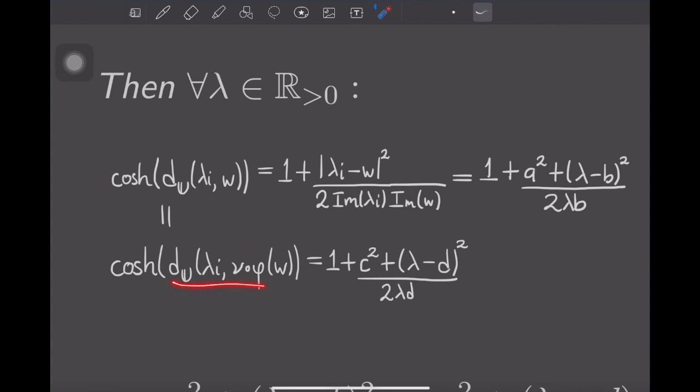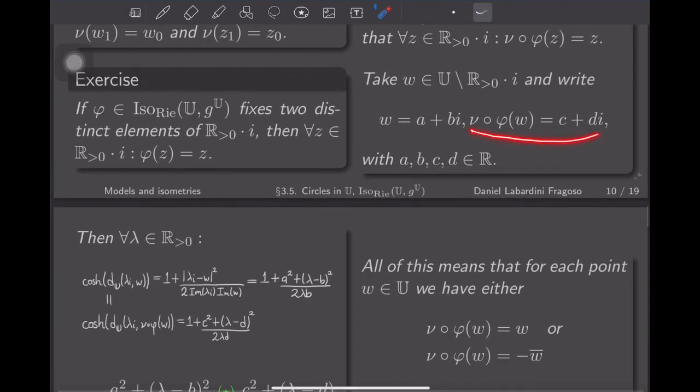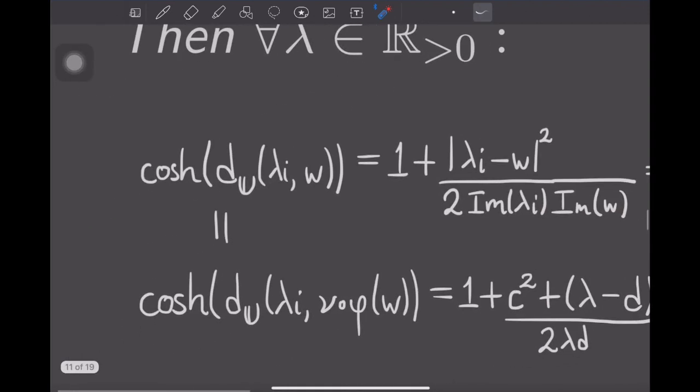And now this one I can also compute using how I wrote the image of W. It's completely analogous to how I computed this one in terms of W, and I get this. Just again, why is this distance equal to the distance between the images under a Riemannian isometry?